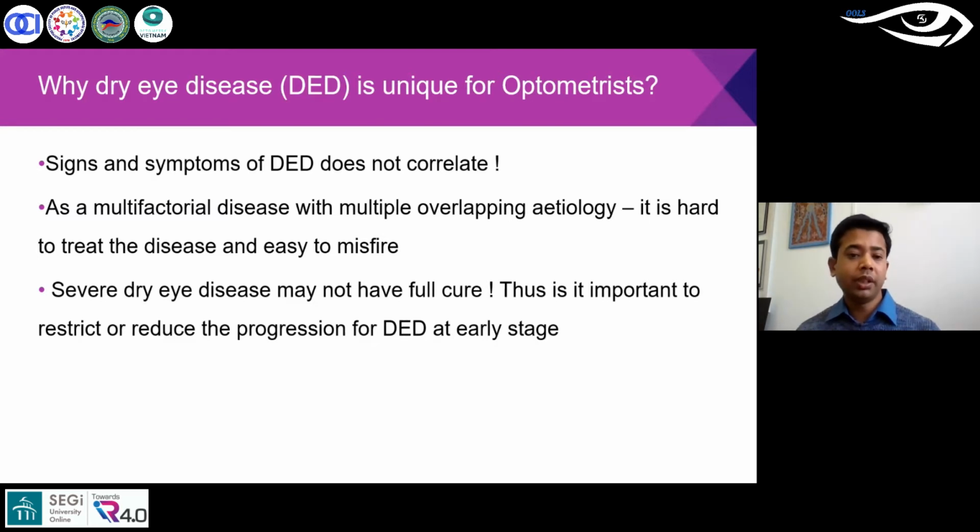It is hard to treat the disease, and it's much easier to misfire because you need to understand which direction it's going. Thanks to a lot of research work, consensus reports and workshops, it's better, but we still need more information on this.